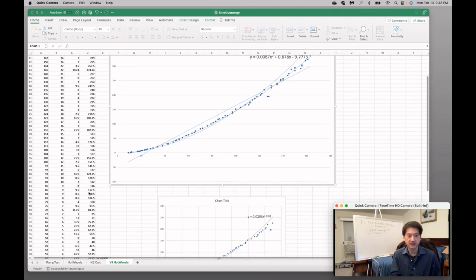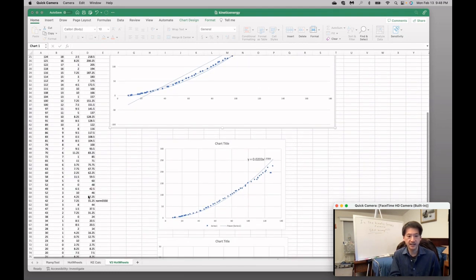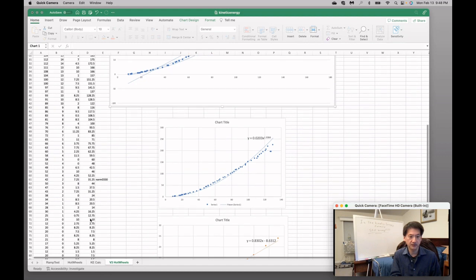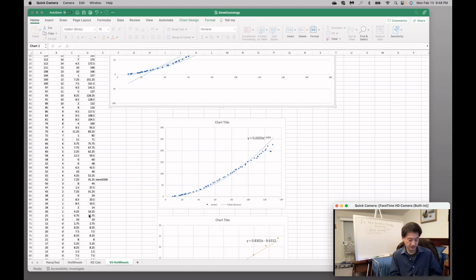And with this variety of data, you can directly test whether doubling the speed quadruples the kinetic energy. So I can pick, say, 25, and that measured out at 12 and 3/4.